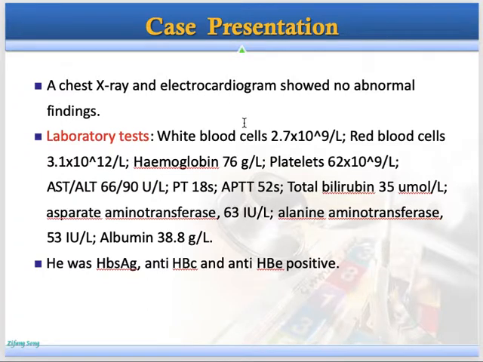Labs show white blood cells reduced, RBCs reduced, hemoglobin, platelets, AST and ALT values, and prothrombin time and activated partial thromboplastin time and total bilirubin, AST and ALT levels, and albumin. These are all the labs to check the liver function test, and we had already discussed that.